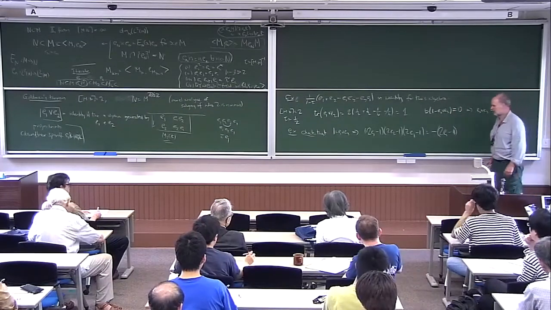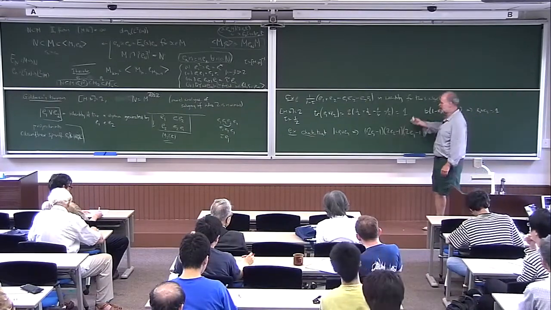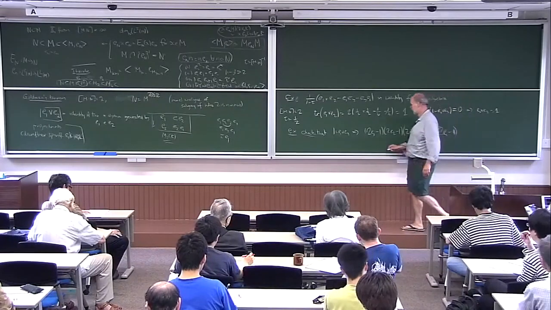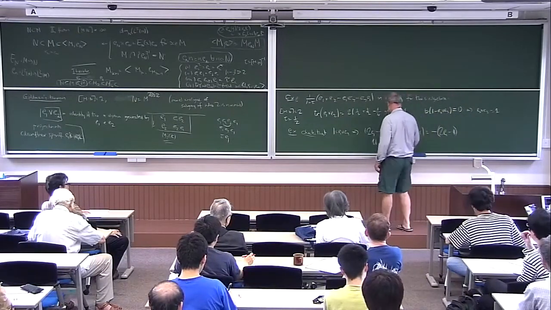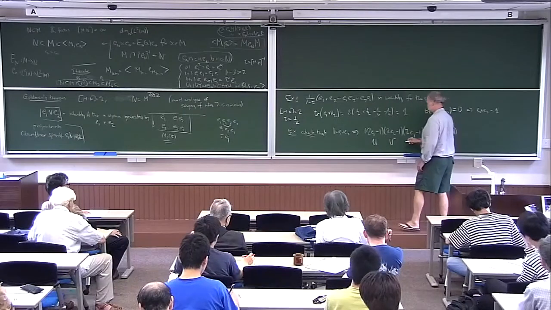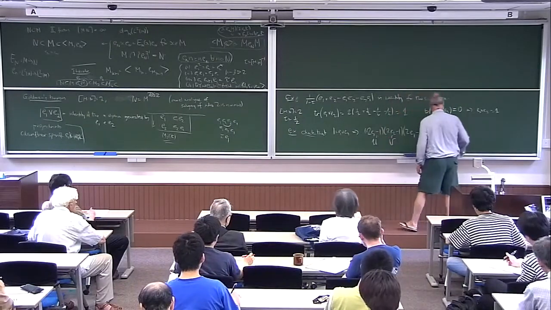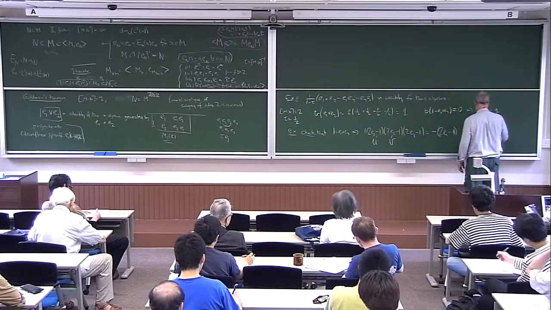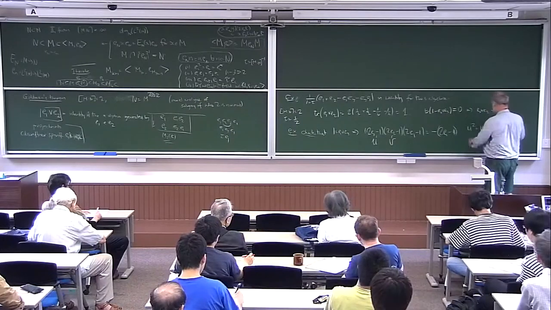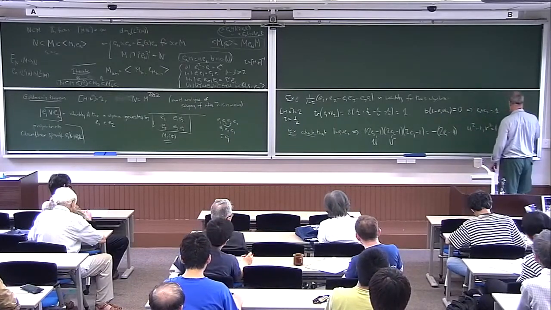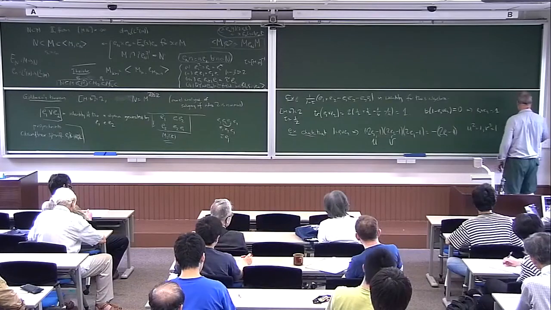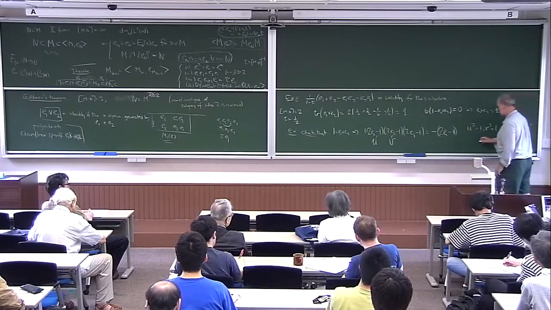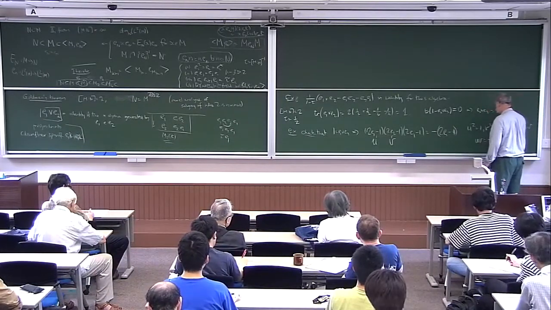It's just a simple exercise. You just expand it out. There's 8 terms. You use the relation, cancel a few out, you get this. So if we call this one U and this one V, U squared is 1, V squared is 1. These are self-adjoint unitaries, U equals U star, V equals V star. And UV equals minus VU.